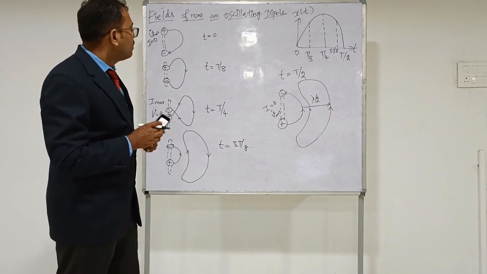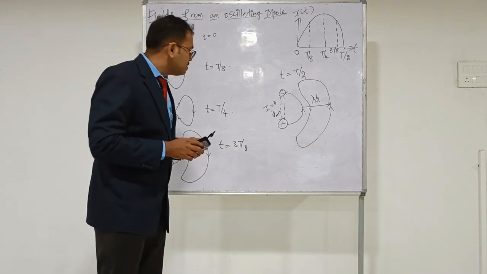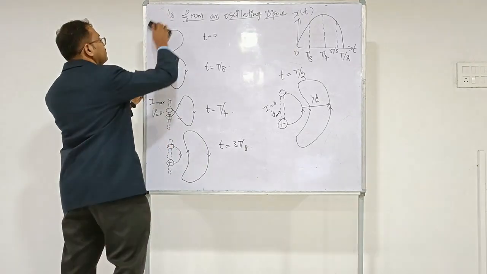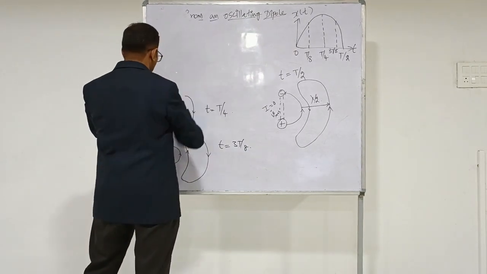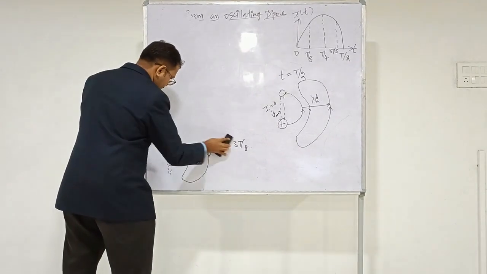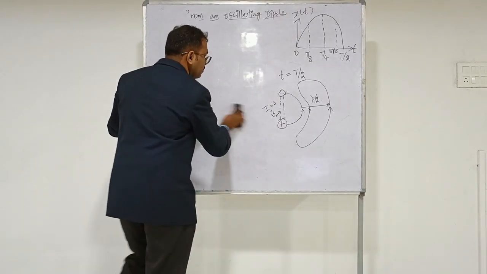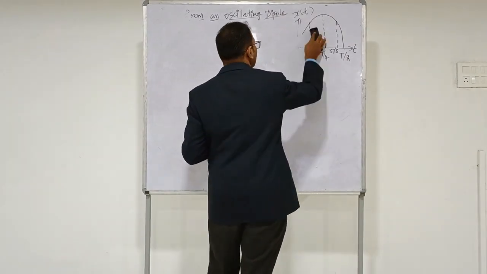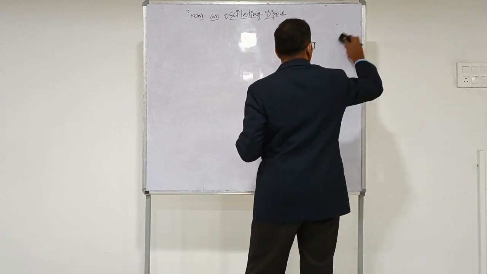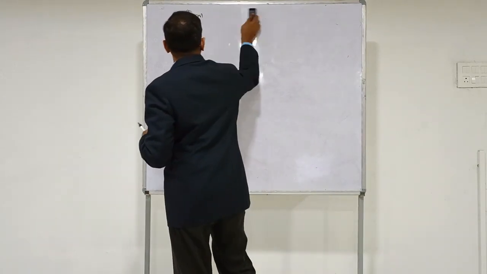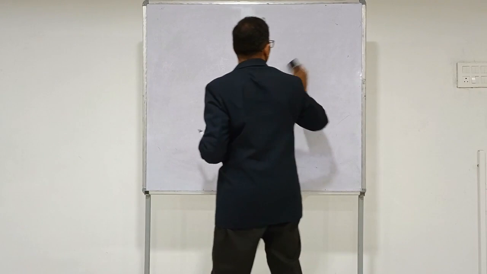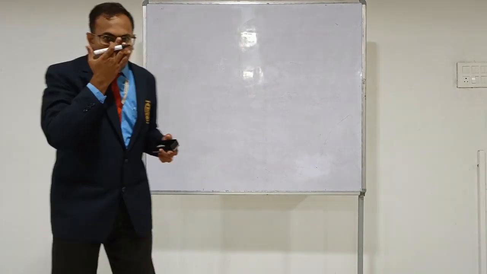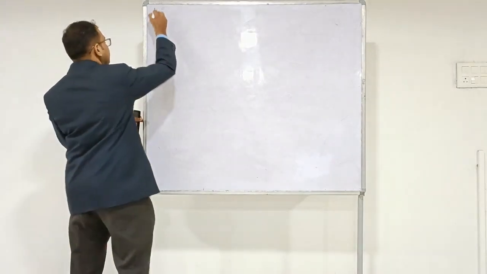So now let me proceed to the fundamental antenna parameters. We'll start with antenna field zones. Right. So antenna field zones.